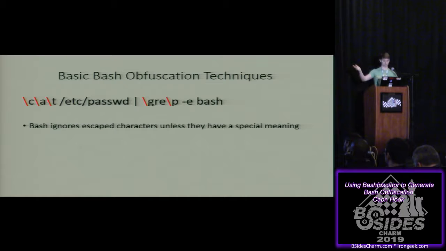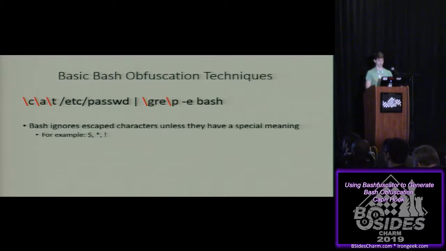Well, one of the first things we can do is randomly escape a lot of these different characters. And what bash does here is, unless they are special characters that have a special meaning, for example, the $, which means, hey, there's a variable starting here, bash completely ignores this. So when it's parsing this, it'll just throw those away, and it'll say, okay, \c, \a, that's nothing, so I'm just going to take those out and ignore that you put those there.